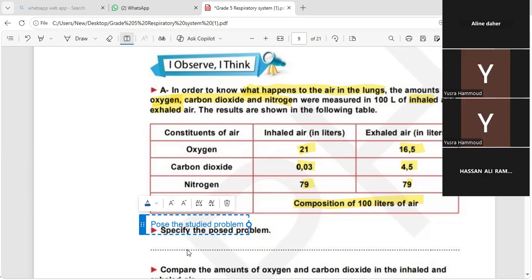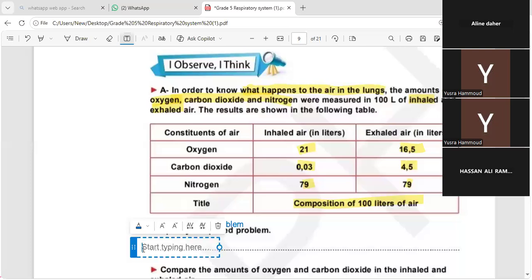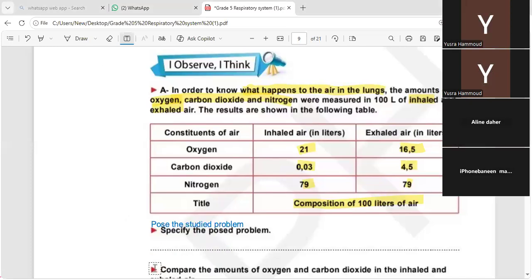Yes, Aline. Yes, teacher. So what happens to the air in the lung? What should I write first? Before the problem. I will copy it. What happens?